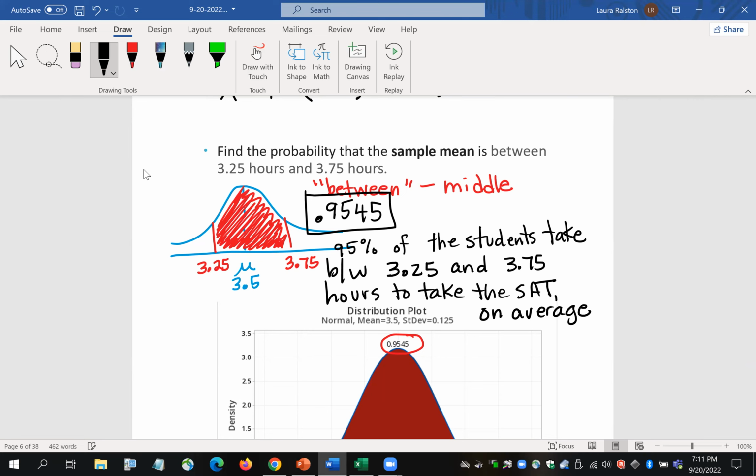Okay, that little caveat there, on average, is because we did the sample mean. Now, I don't think I've looked at the quiz, and I don't think you have to go that far and offer that explanation, but you need to know how to take it to that explanation in case you ever had to explain it to somebody.